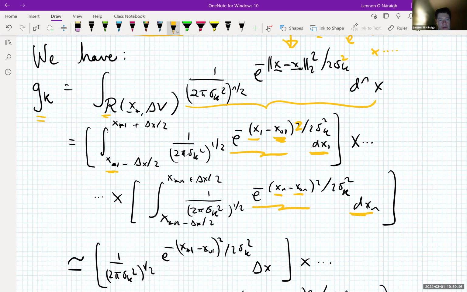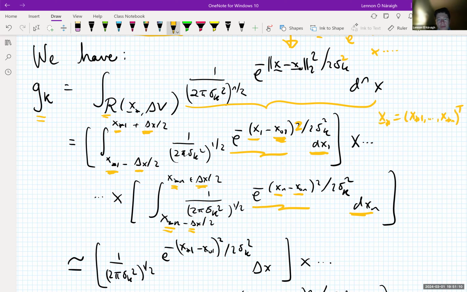And the region of integration in question, I'm going from x star 1 minus delta x over 2 to x star 1 plus delta x over 2. So x star is the global min, and it's x star 1 all the way up to x star n, with x star n minus delta x over 2 to plus delta x over 2.